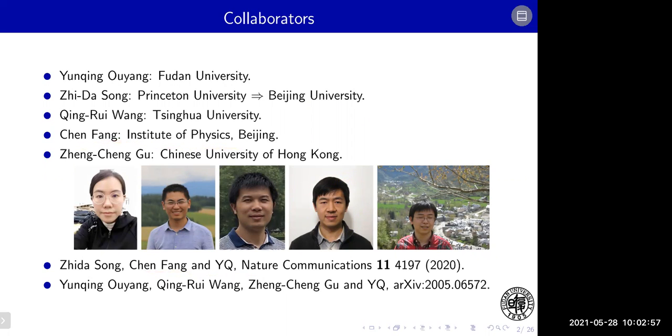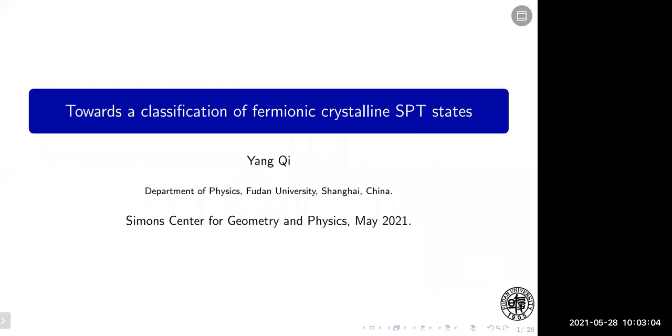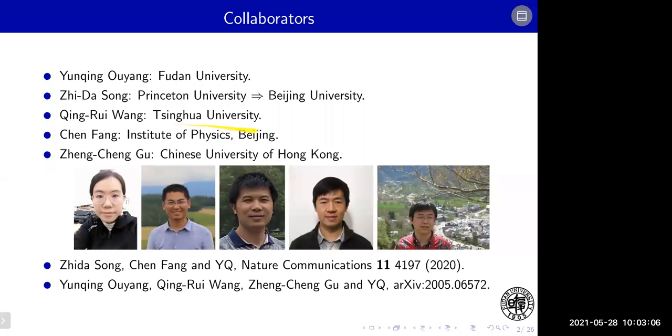And the second work is done with my student, Ouyang Yunqing, and also Dr. Qingrui Wang, who is coming back to Tsinghua University to join the faculty at the Yao Center of Mathematics, I think. And here are the two references if you are interested in.